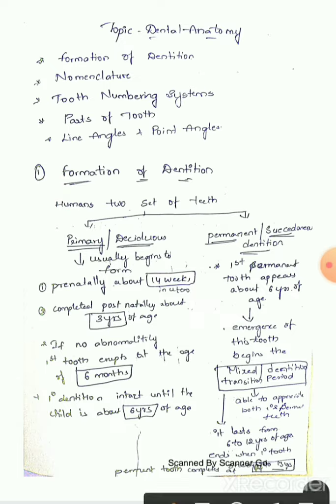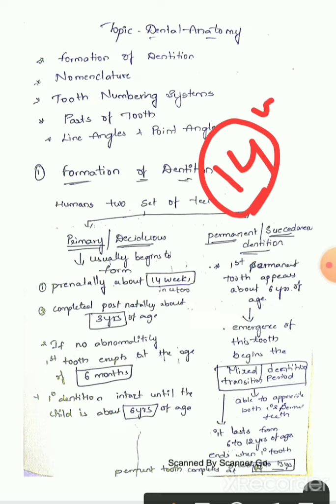We usually know we have two sets of dentition, primary and permanent. The primary dentition, which is also known as deciduous dentition, usually begins to form prenatally, which means before birth, in the embryo, in the uterus, at about the 14th week. Complete formation of primary dentition occurs at 3 years of age.